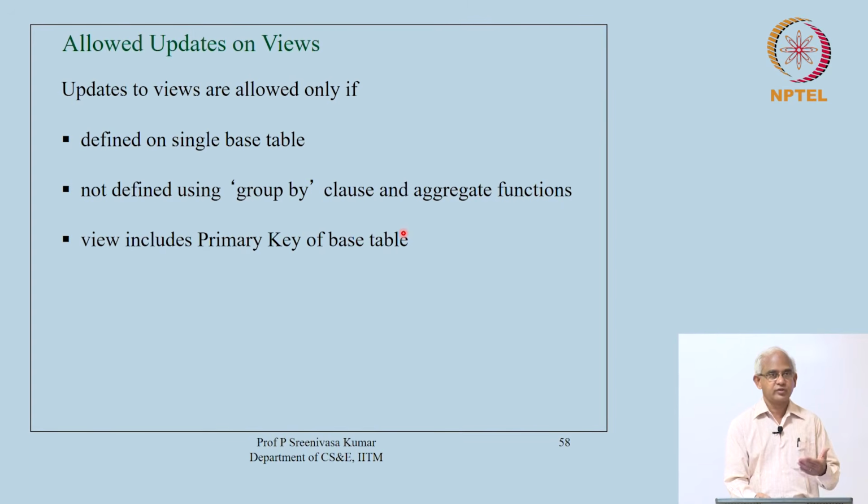If the view definition includes the primary key of the base table, then there is a possibility of uniquely propagating the update to the base table, and so those are the restrictions on updating views.